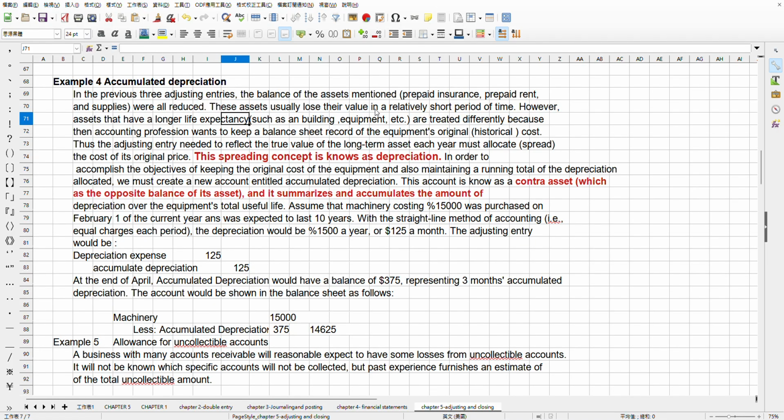These assets usually lose their value in a relatively short period of time. However, assets that have a longer life expectancy, such as buildings and equipment, are treated differently because the accounting process wants to keep a balance sheet record of the original historical cost.